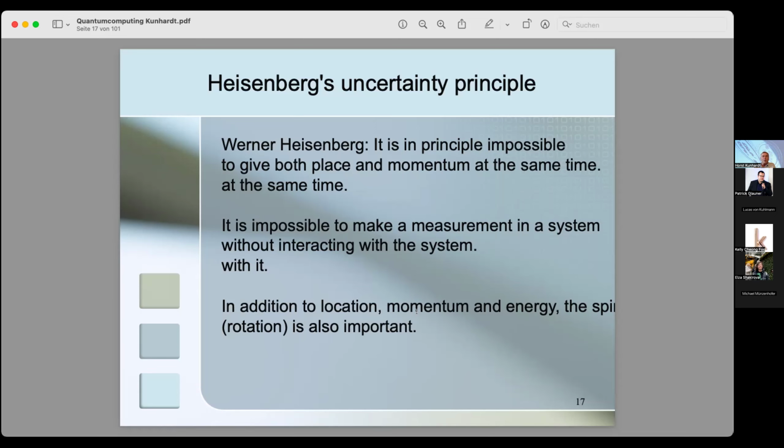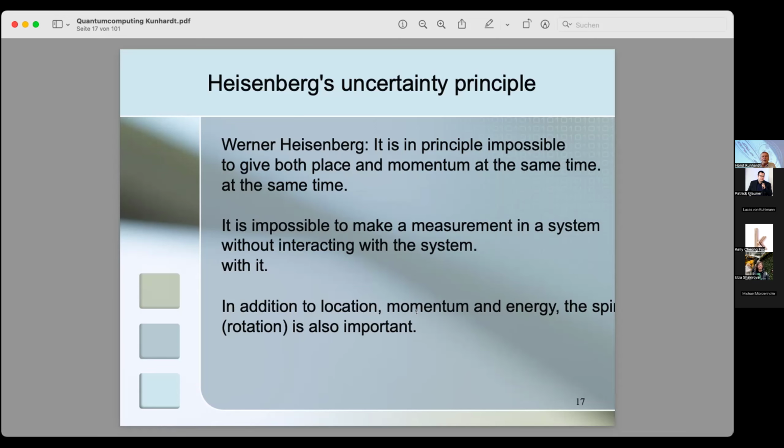So we have to decide to measure the place or the speed, but never at the same time. So that is very typical to measure the outcome or the result of a quantum computer or quantum system.